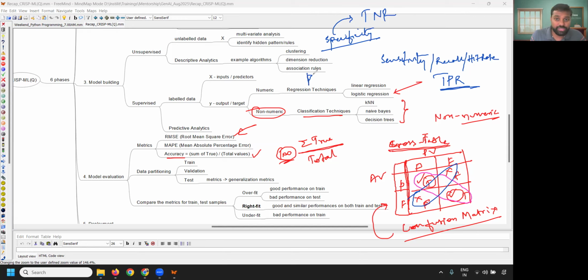Then we have precision. Precision talks about predicted true cases. We have F1 score, the balance between precision and sensitivity. We have to carefully look at false negatives and false positives so that we can analyze the cost of misclassification.